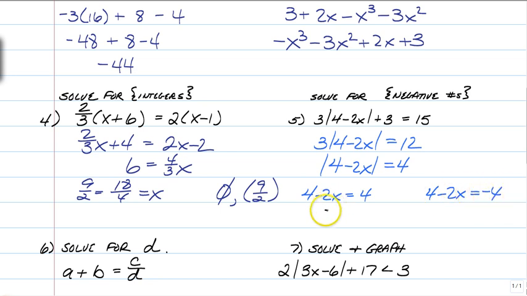And then just solve. This is going to be -2x is equal to 0, so x is equal to 0. And this is going to be -2x is equal to a -8. So x is equal to 4.